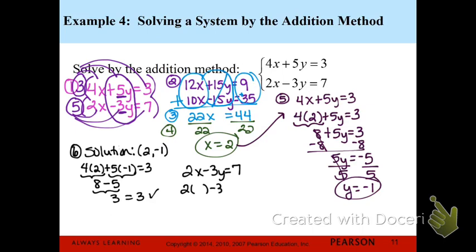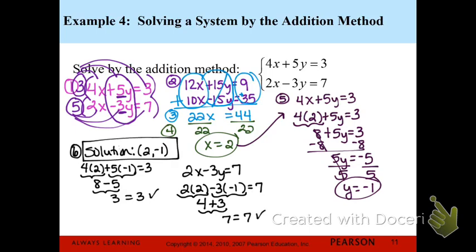So we're going to plug in 2 and -1. What's 2 times 2? 4. -3 times -1? +3. And 4 plus 3? 7. So that worked as well. So our solution is 2, -1.